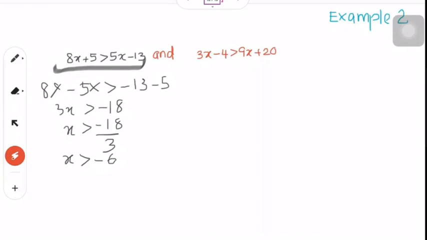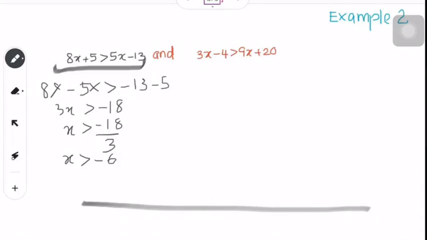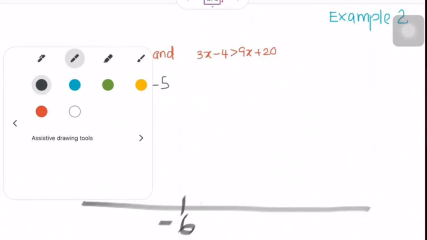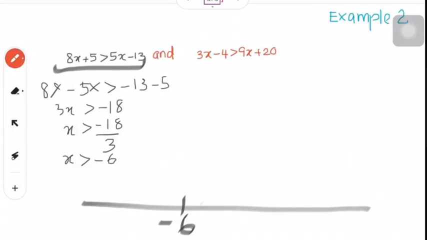Alright, for the first number line, this is negative 6. Next is the red one: 3x minus 9x is greater than 20 plus 4. So negative 6x is greater than 24. x is less than 24 divided by negative 6.